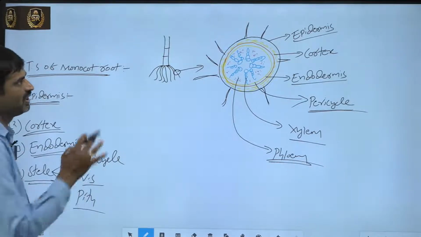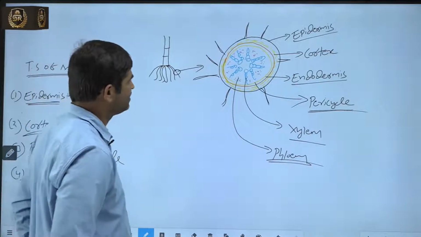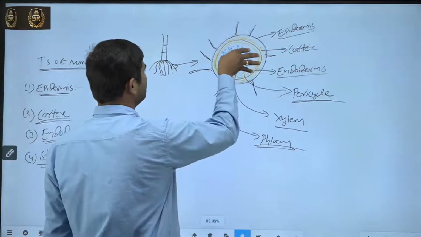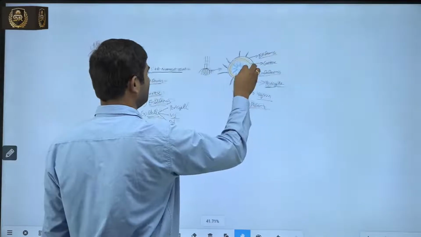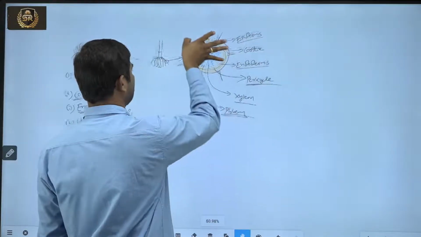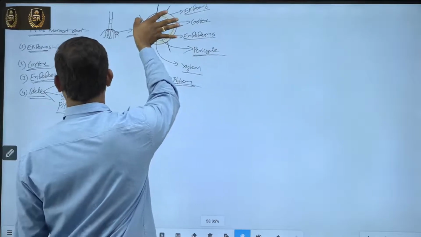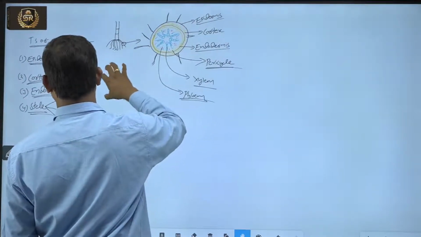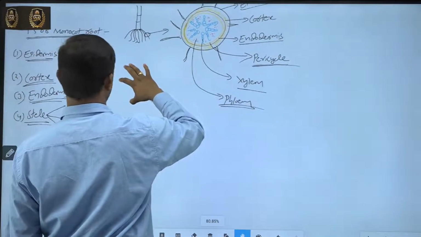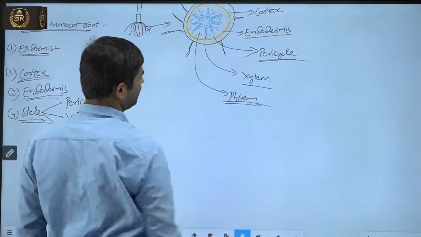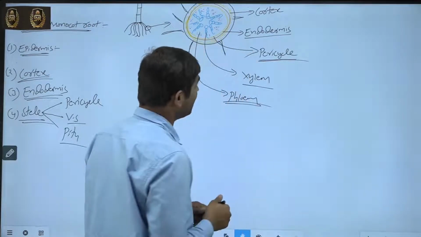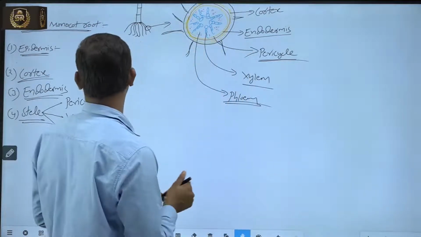First of all, the structure of epidermis. Epidermis is a multicellular uniseriated structure.